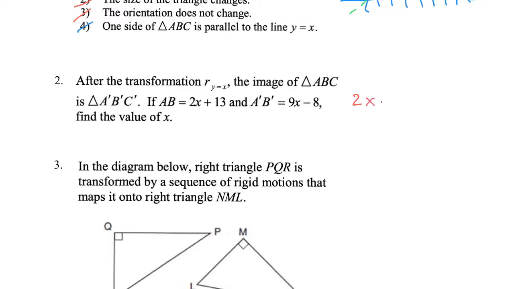So 2x plus 13 equals 9x minus 8. I subtracted the 2x over, and then I added the 8 over, and I got 21. Dividing by 7, you get x equals 3. Again, my bad on that.